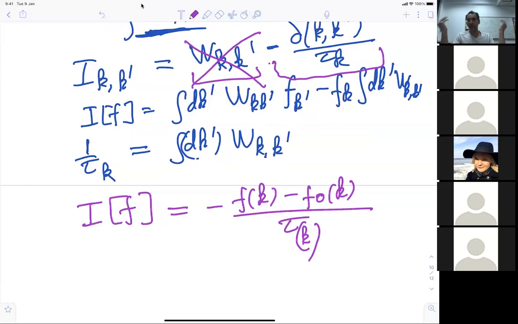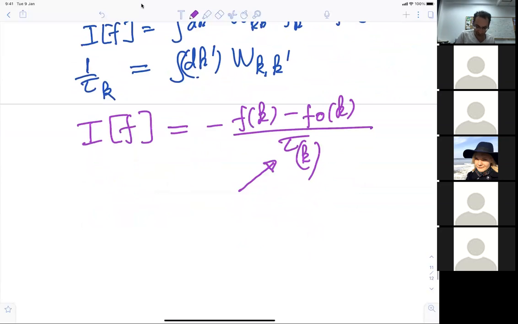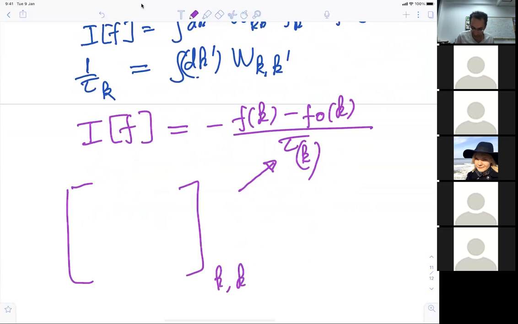And then instead of solving the Boltzmann equation, which is a complicated integral equation, one uses an effective replacement of the collision integral by its diagonal part. So essentially now it's a matrix in k prime where you have only elements on the diagonal, and these elements are 1 over tau of k.